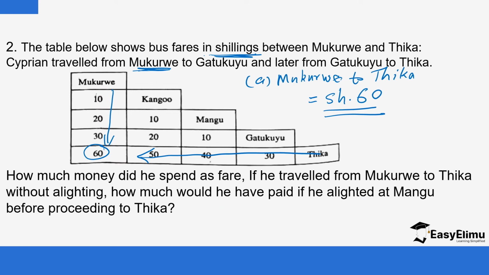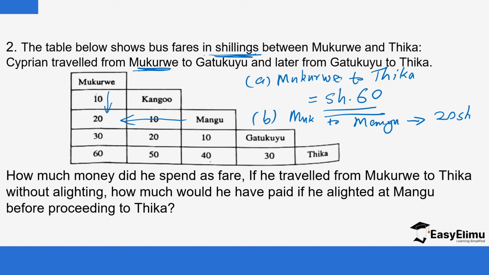So let's assume now they are alighting at Mangu first. So part B now. Mukurwe to Mangu first. How much are they going to pay? Mukurwe is here and Mangu is here. That is going to be 20 shillings.